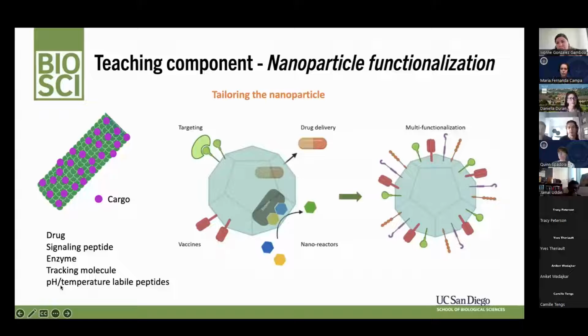Or you can also have peptides that are pH or temperature labile, and you're able to release the cargo whenever you reach a certain pH. This could be soil pH, or this can be a tumor, depending on what you're applying. And not only the viral nanoparticles, since we have so many anchors, so many ways to conjugate these different molecules, we're able to get this multifunctionalized nanoparticle.